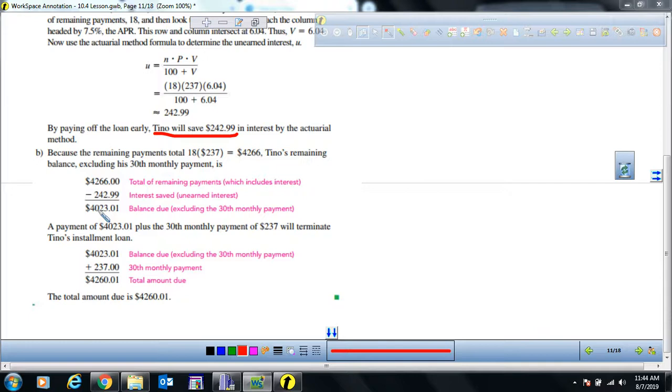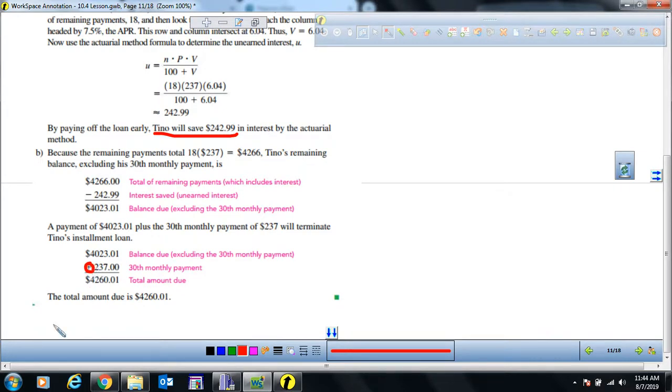So now you have to add to this the $237 for the 30th month, and in reality, this is the total balance. If by the 30th payment Tino says that he wants to pay the entire loan, then he needs to not only calculate the 18 payments after, counting from the 31st payment and on until the 48th, but also add the payment for the 30th, because they're not going to forgive him that 30th payment.